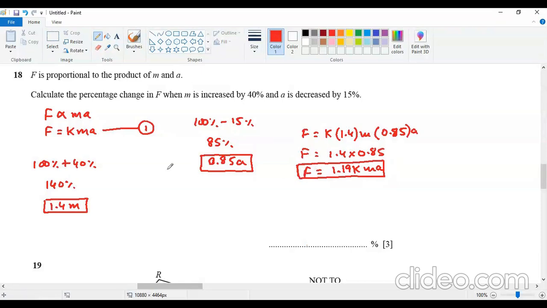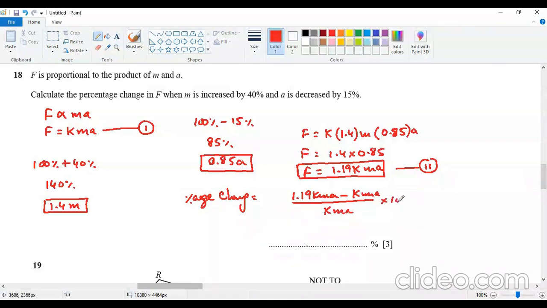Okay, now this is the changed value of F. Originally it was k m a; this is the second one. Now we need to find out the percentage change. So for that we take this second value, which is the increased one, 1.19 kma, subtract 1 kma, the original value, divide by the original value, which is kma, and multiply by 100.